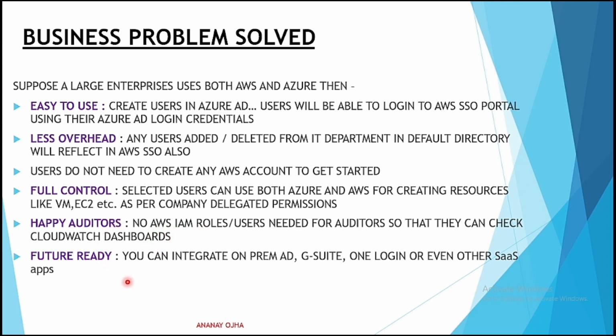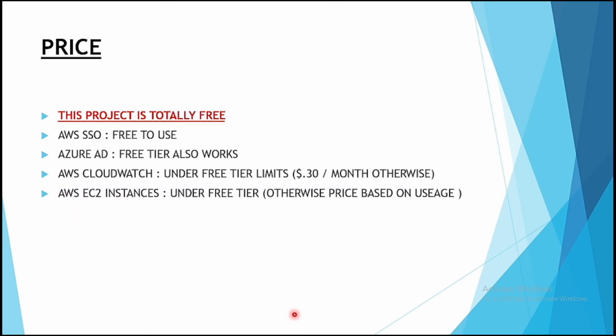And it is of course future ready. You can integrate your on-premises Active Directory, G Suite, OneLogin, and even other SaaS applications like Atlassian or Box, with AWS SSO and Azure Active Directory. Now if you ask what the cost is, it is totally free because AWS SSO is free to use.